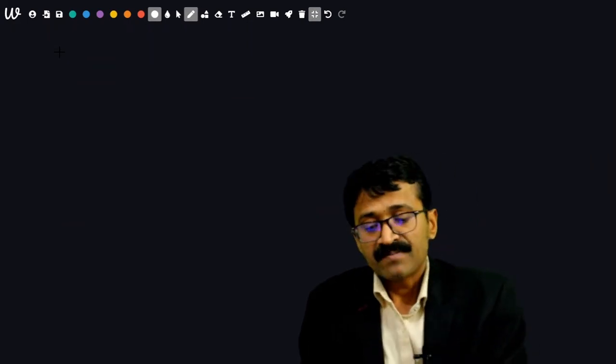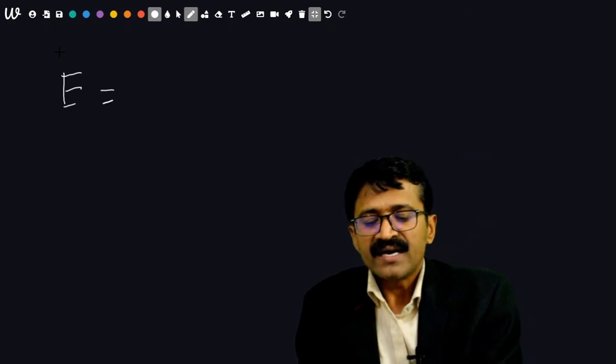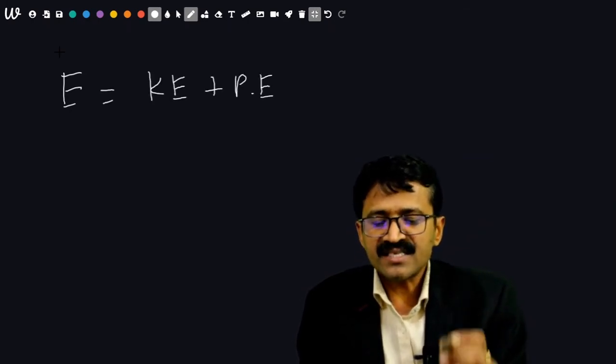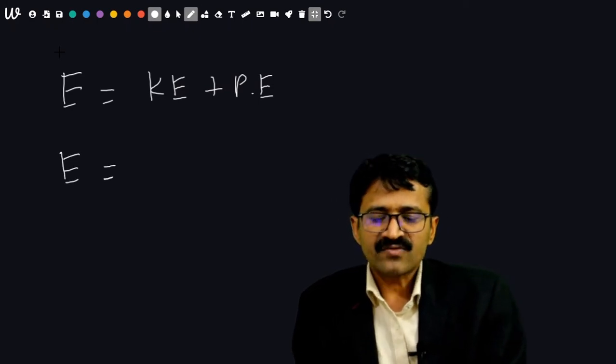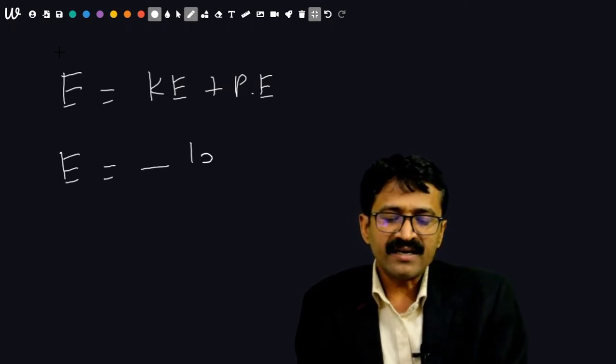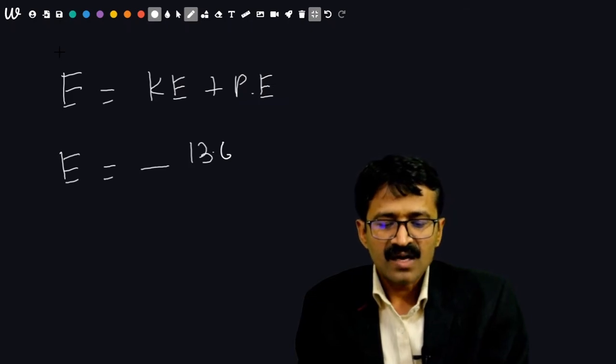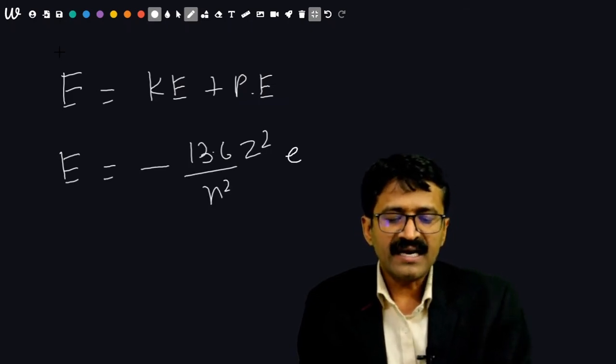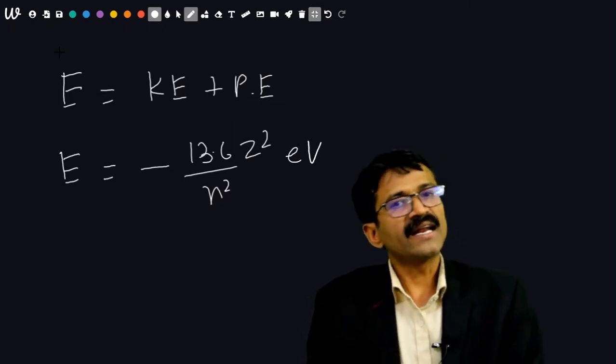What about energy? The energy will be kinetic energy as well as potential energy. This is total energy and it is found to be minus 13.6 Z square upon n square electron volt. It is measured in electron volt.